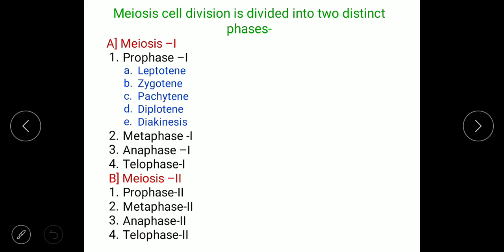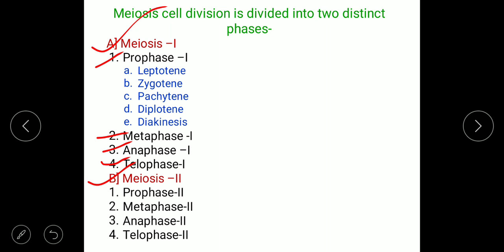The meiosis cell division is divided into 2 distinct phases. The first one is meiosis-I, the second one is meiosis-II. Meiosis-I is again divided into prophase-I, metaphase-I, anaphase-I, and telophase-I.